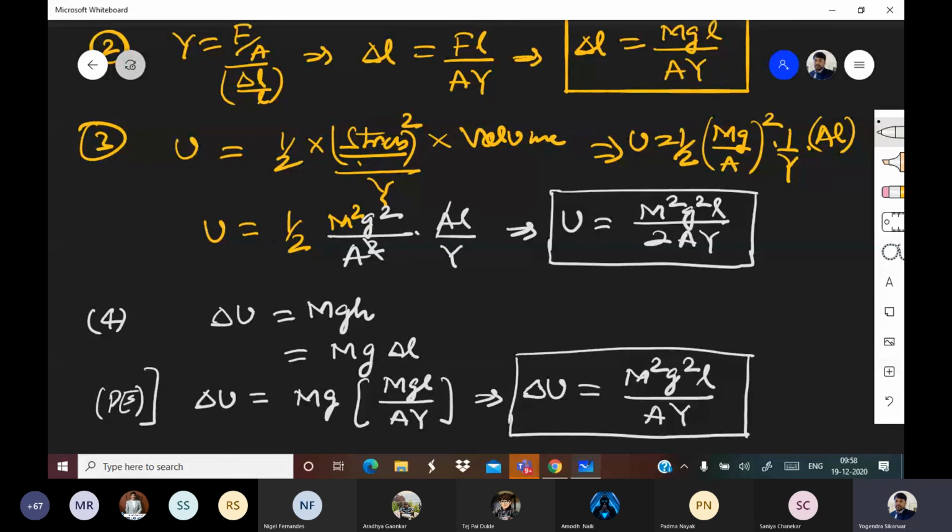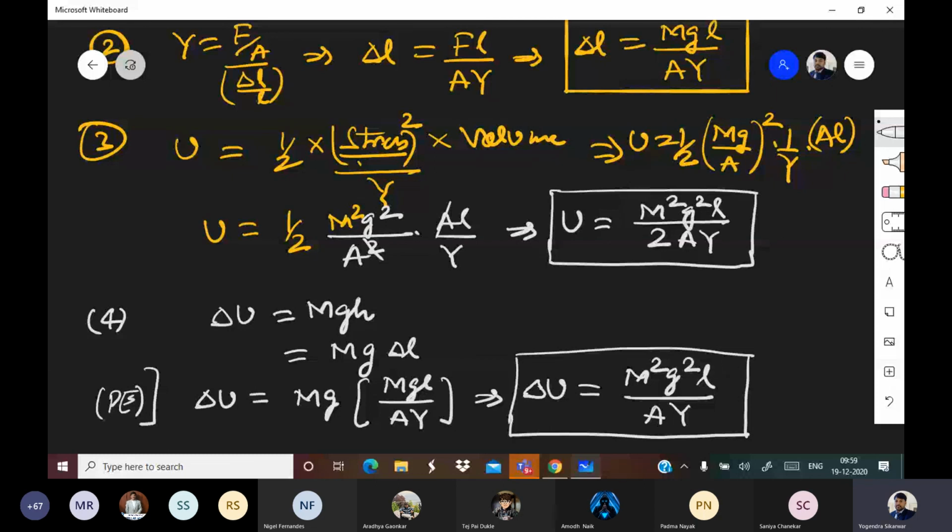Is there any connection? Yes, actually. The energy stored in wire is exactly half of decrease in potential energy of block. Okay, keep that in mind.